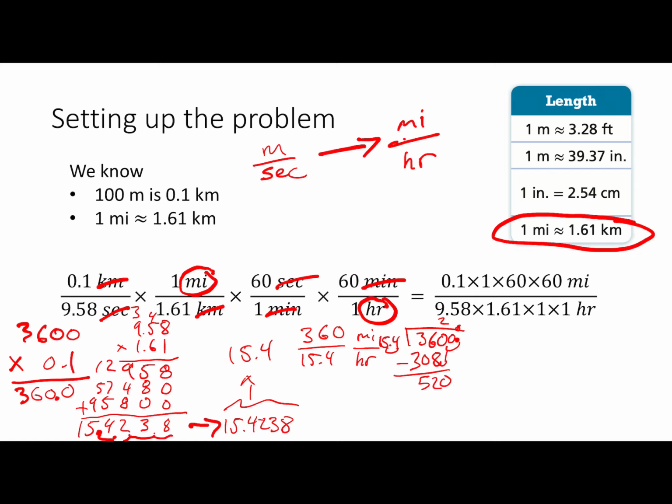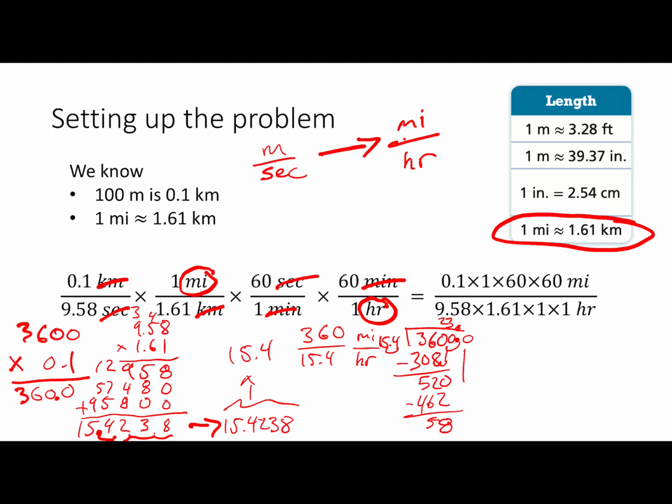And 360 minus 308 is 52. Bring down that 0. And we have 520. That's probably going to be right around 3. So 3 times 154, well, 3 times 150 is 450, and 3 times 4 is 12. So that's going to be 462. And we get 520 minus 462 is 58.